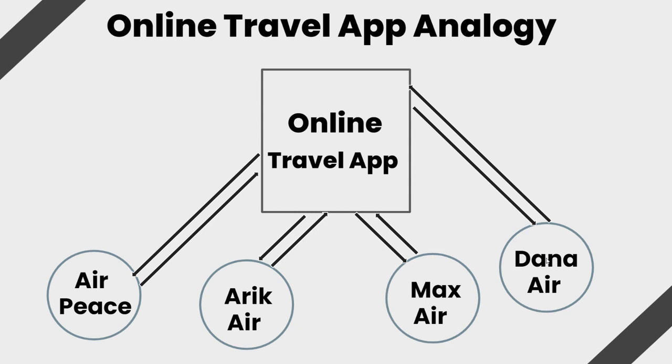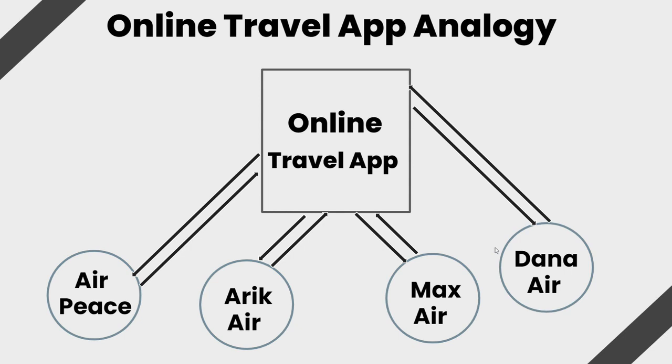So rather than going through all the different websites of each of these airlines to know which flight is going to where you're going, someone out there can create an online travel app and connect to the APIs of these different airlines.